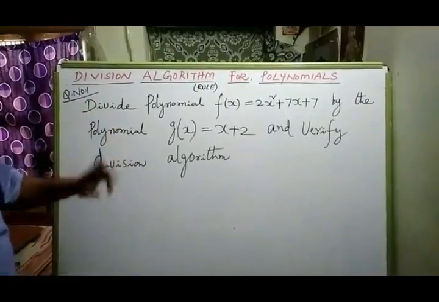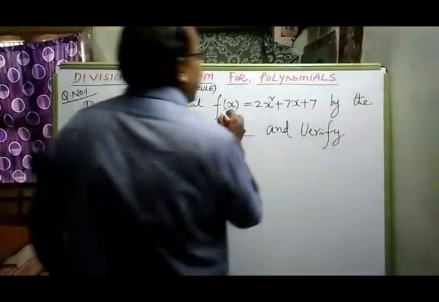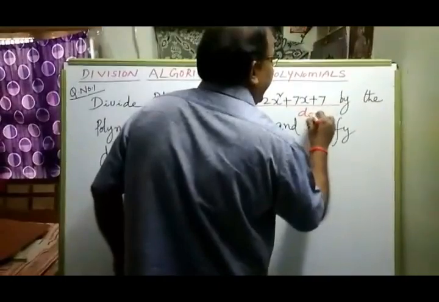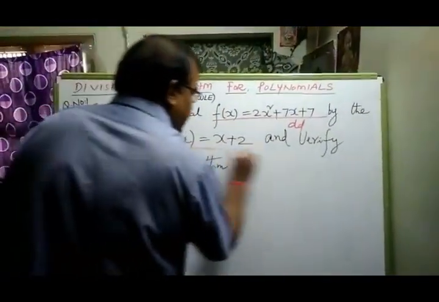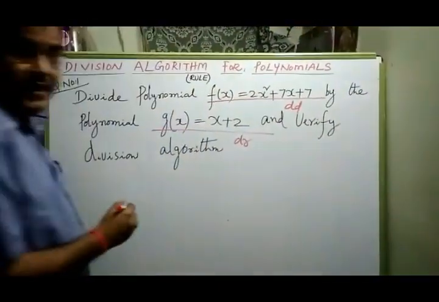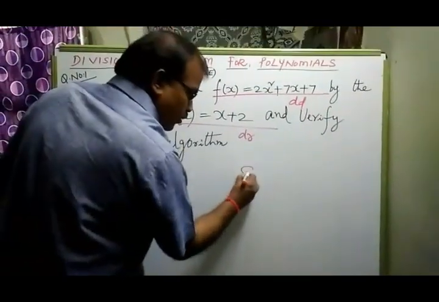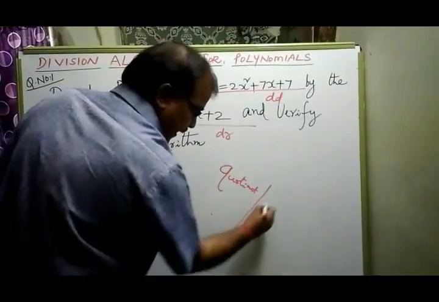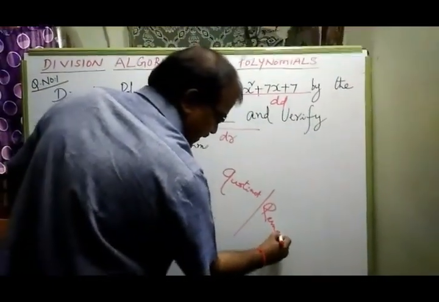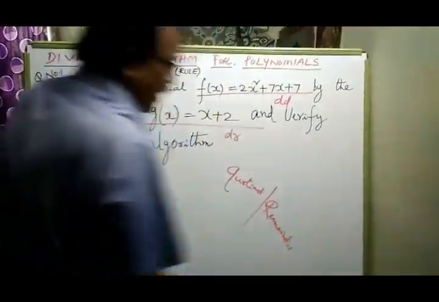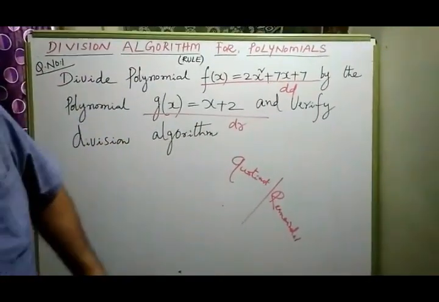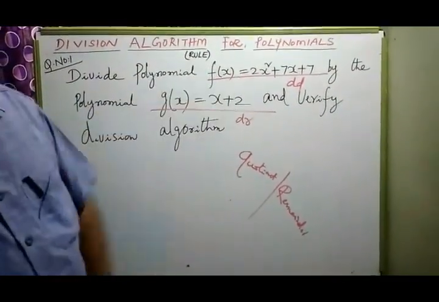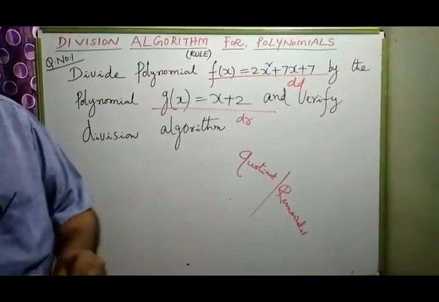So here this f of x is nothing but the dividend. This g of x is nothing but the divisor. Now we are going to find the quotient and remainder. After getting these two results, we can check the division algorithm.